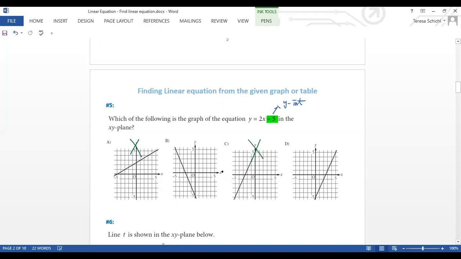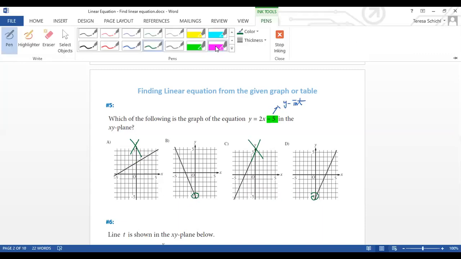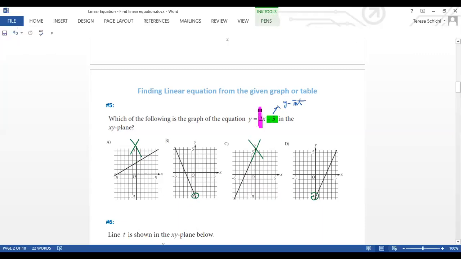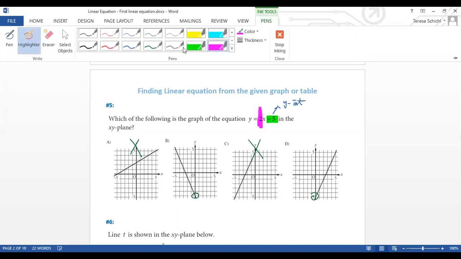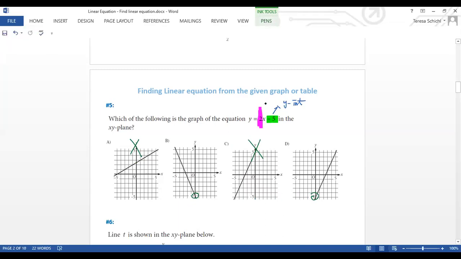Okay, so I have B and D left. They both intersect at -5. That's good. Now let's take a look. What is the slope here? Slope is 2. Is it positive or negative? It's positive. So positive slope, like during the review, what do we say? It goes uphill, right?